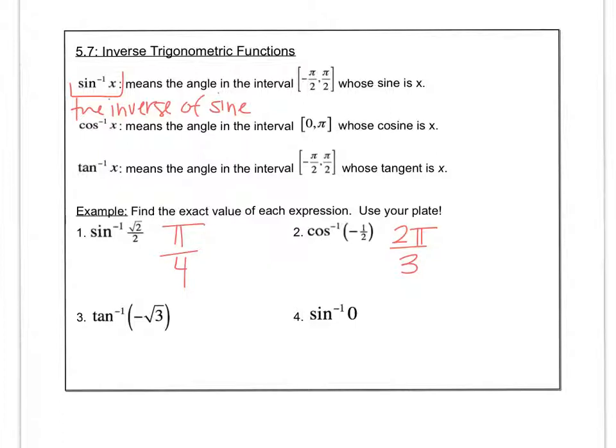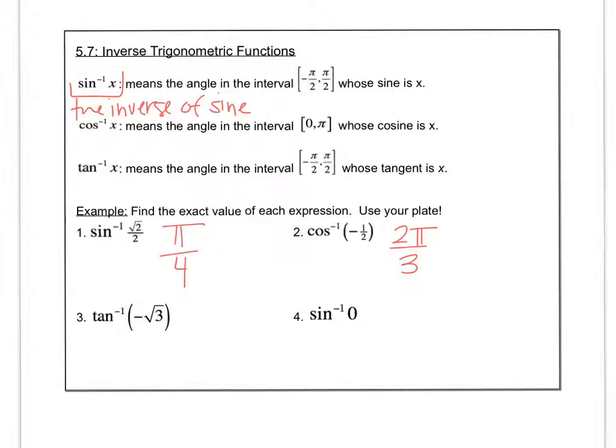Tangent is negative radical 3. This is where it's going to be a little weird because the answer isn't straightforward on your plate, unfortunately. We want to go down to this quadrant because tangent is going to be between pi over 2 and negative pi over 2. So we're in these two quadrants.